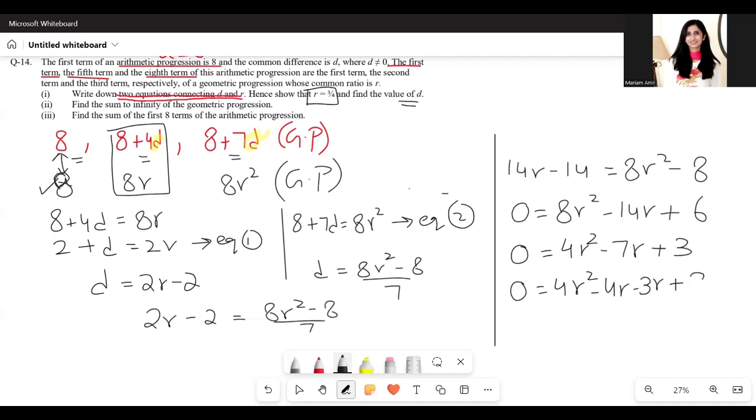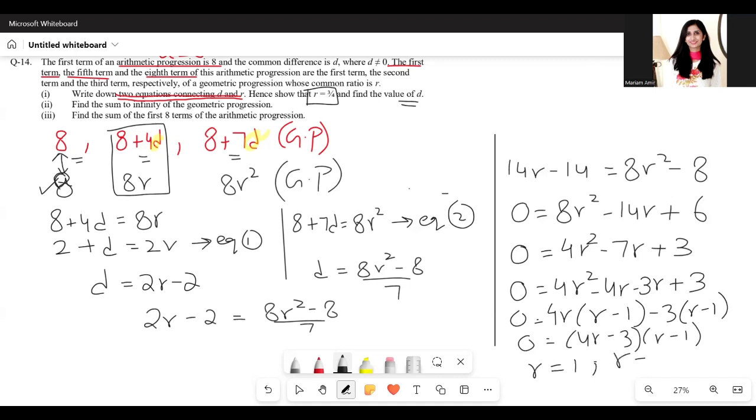Take 4R common, so we get R minus 1. Negative 3 common, R minus 1 equals 0. So we're getting (4R minus 3)(R minus 1), so R equals 1 and R equals 3 upon 4.